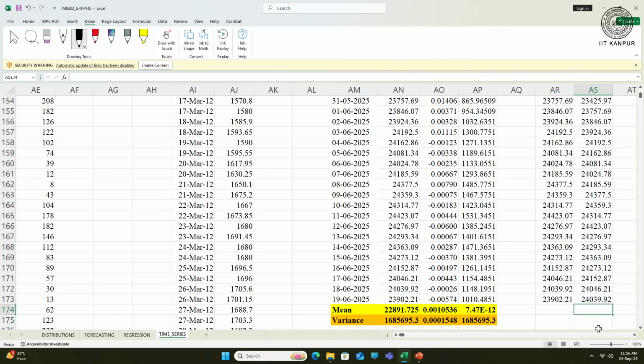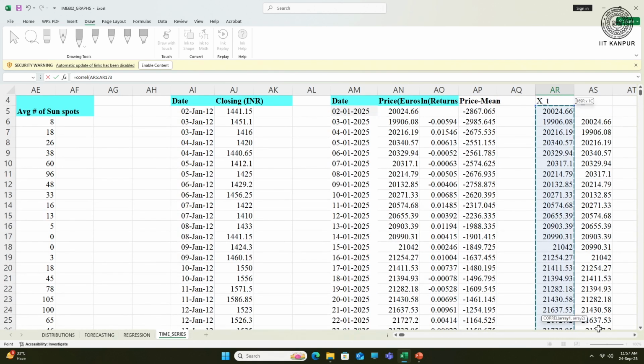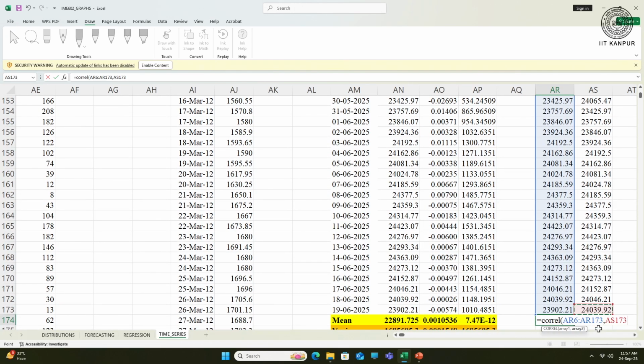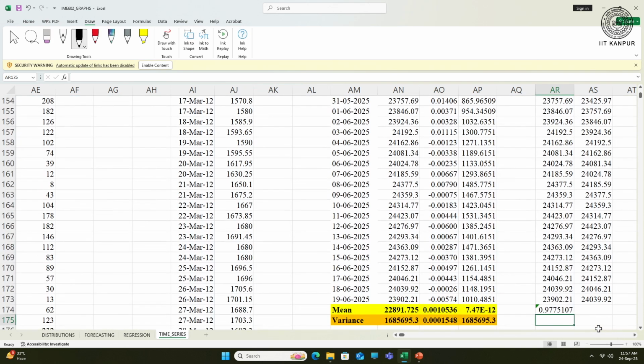If I take the correlation between these two data sets, the correlation is about 0.977, which is high.